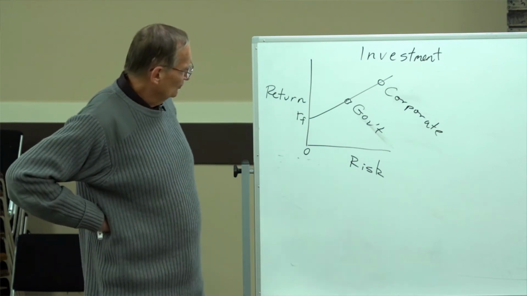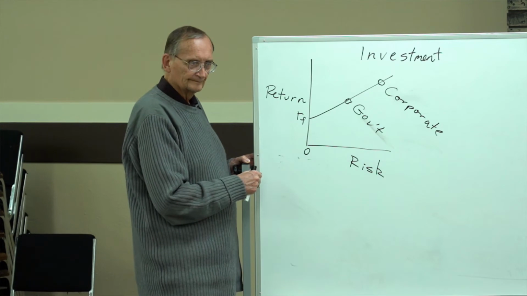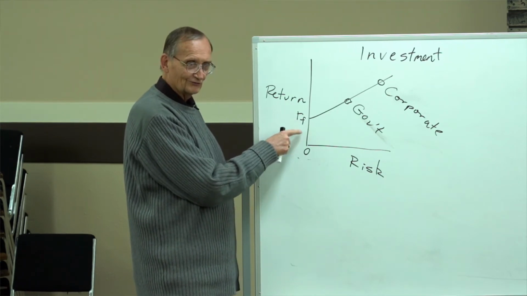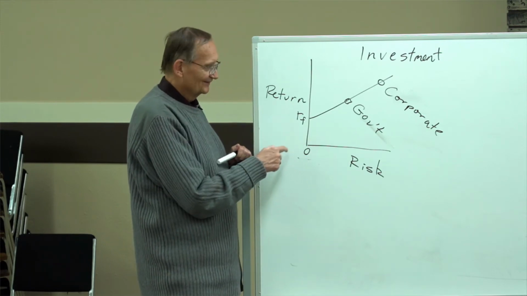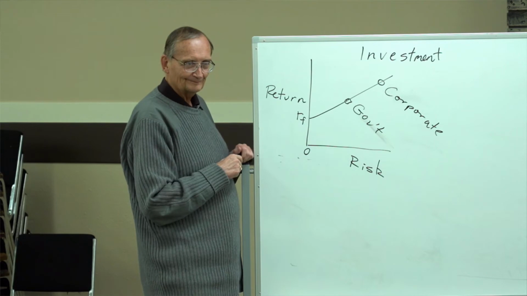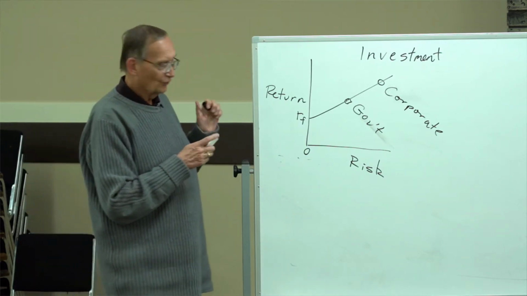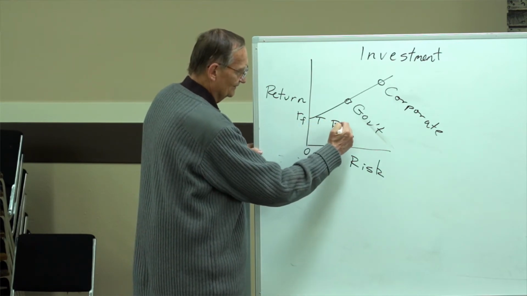Now notice something, the line didn't start here, did it? There's something called return-free, risk-free, and it has zero risk. What's that? That's the Government of Canada bond, or typically in finance, we say that T-bill.